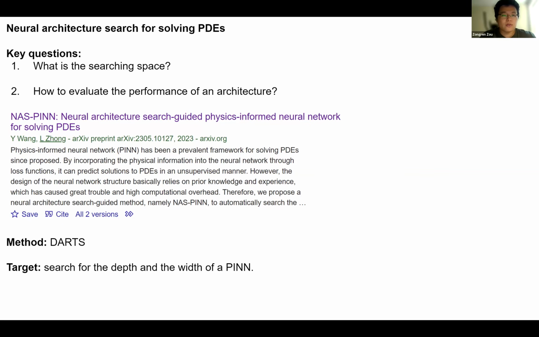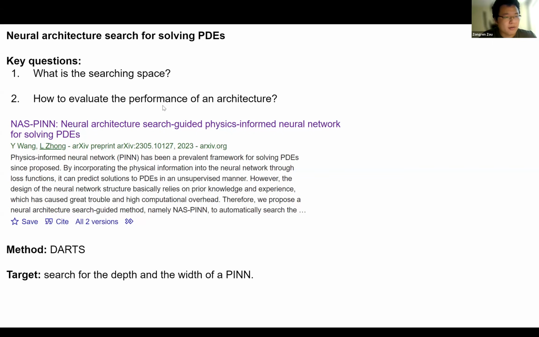This is very reasonable, because in the searching process of this architecture, it has actually seen the training data, so it's not fair to use the training data to evaluate the performance. This is not a big issue in computer vision. But like I said on the second slide, this is a big issue in PINNs, at least for problems where we use neural networks for solving PDEs.